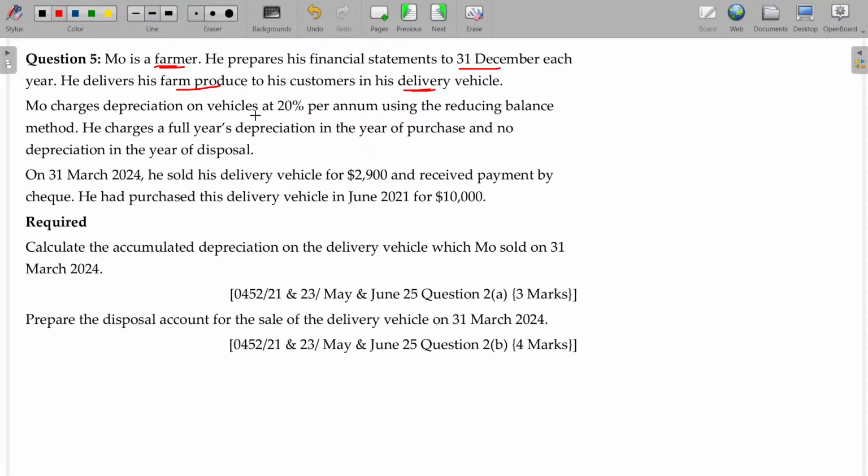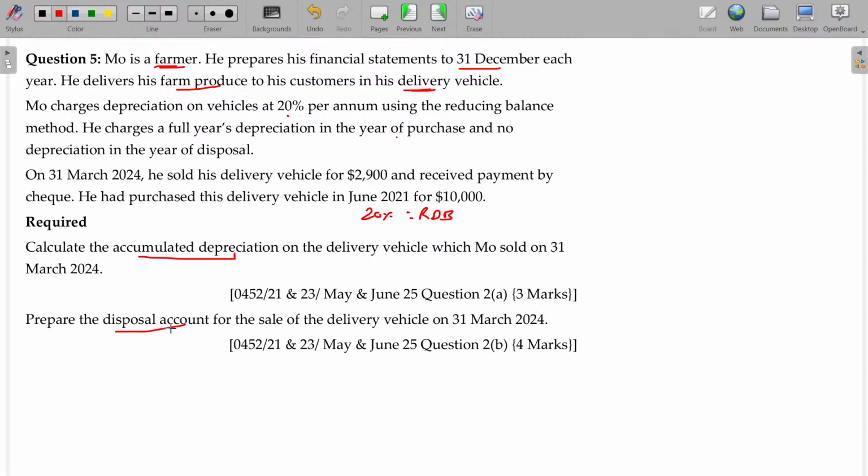Mo charges depreciation on the vehicle at the rate of 20% per annum using the reducing balance method. He charges a full year's depreciation in the year of purchase and no depreciation in the year of disposal. This sum seems to be similar to the earlier one. So the 20% reducing balance method is followed. Calculate the accumulated depreciation on the delivery vehicle as well as the disposal account for the sale.